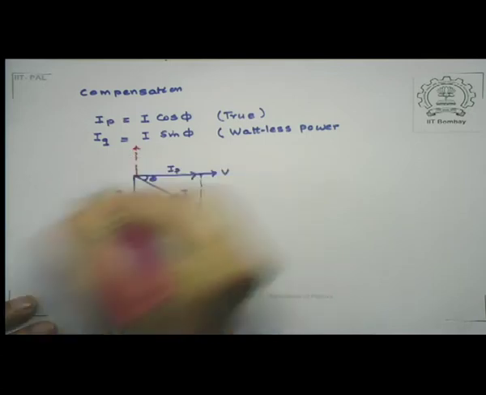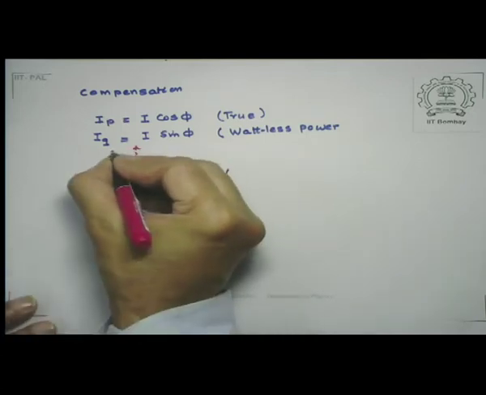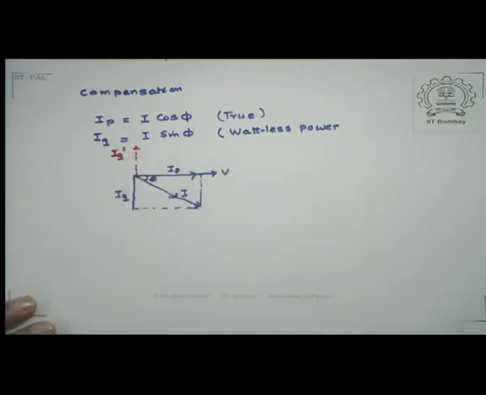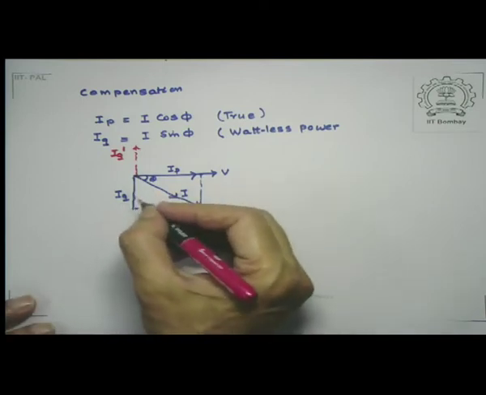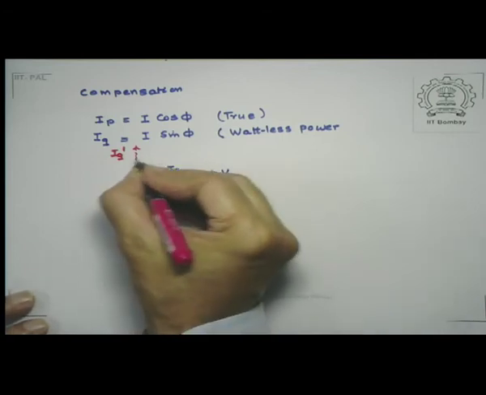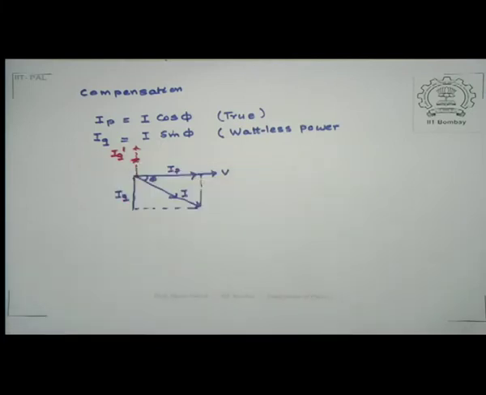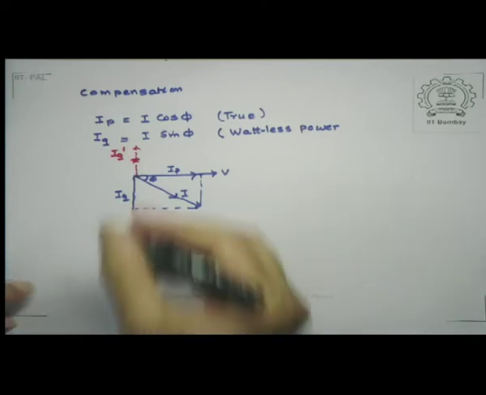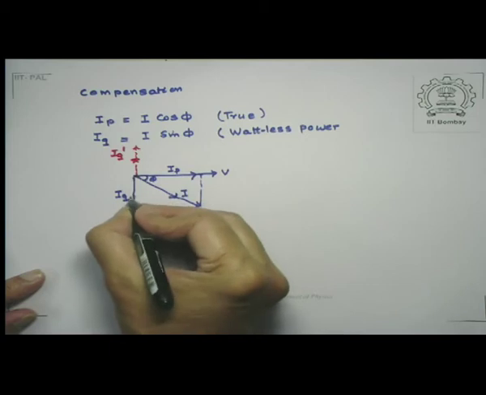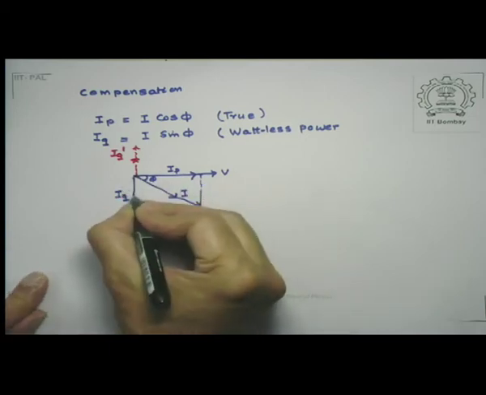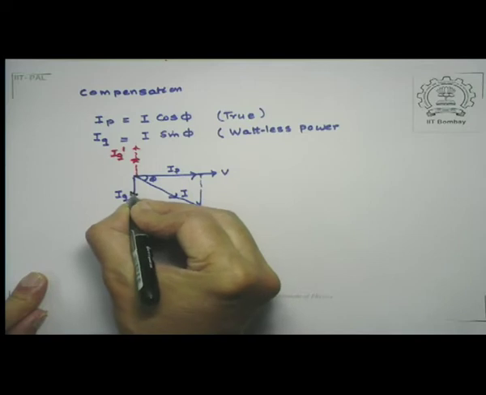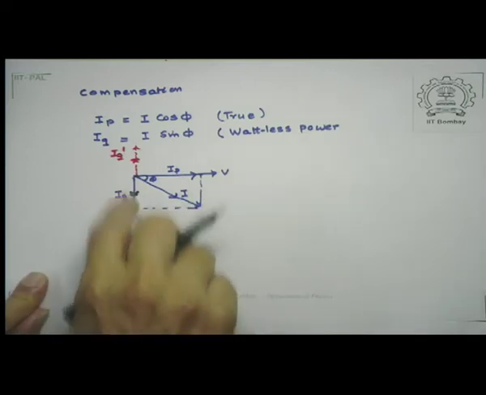Let's call this IQ prime. Now in practice, a complete cancellation is never possible. So what we do is provide a capacitive element which will not completely compensate it, but compensates up to this distance. As a result, because this much capacitive component has cancelled, the triangle has come up to this point, which is IQ minus IQ prime.